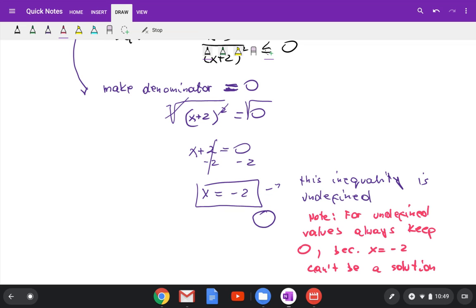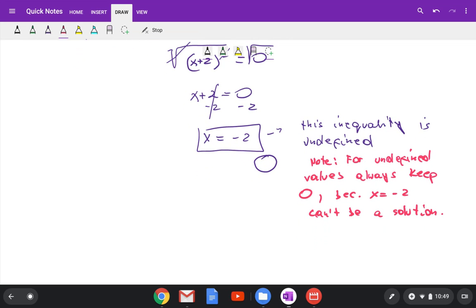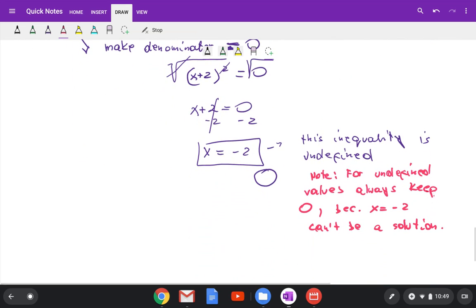Which means if we're talking about an interval, it's going to be an open parenthesis. Okay, so now we have it. That was step 4.